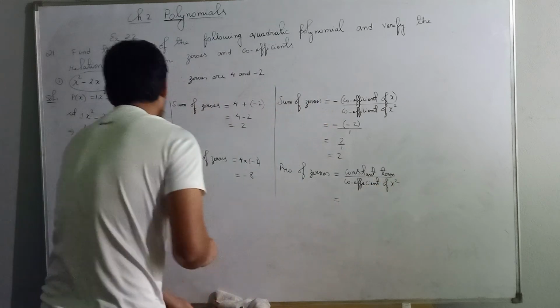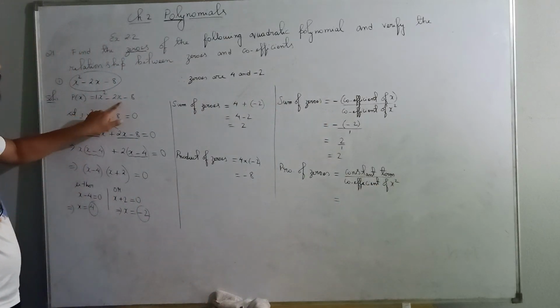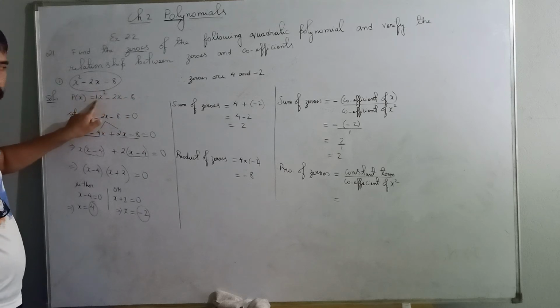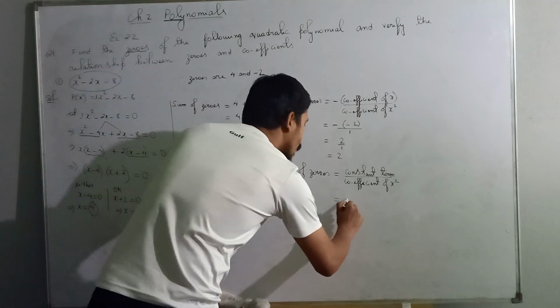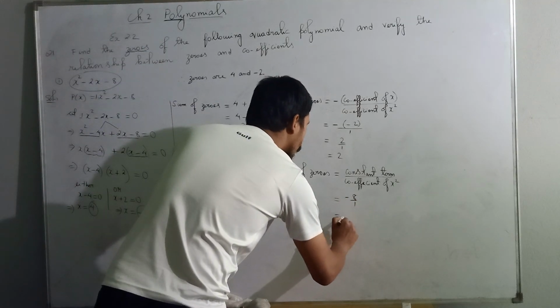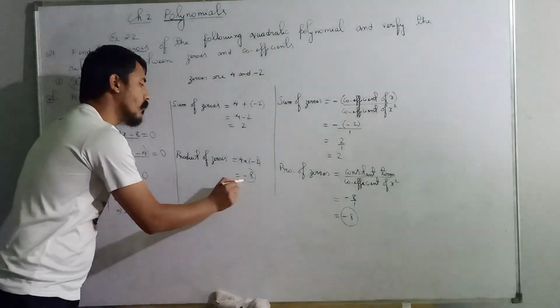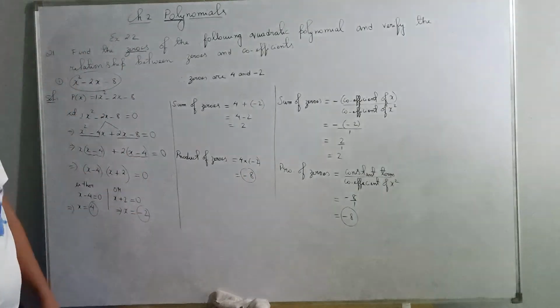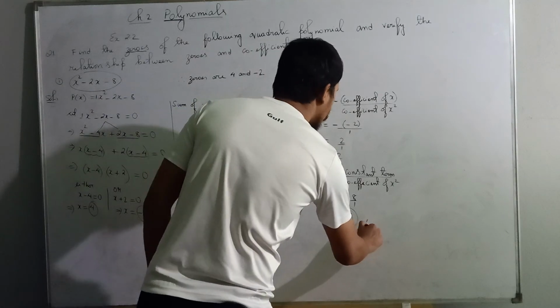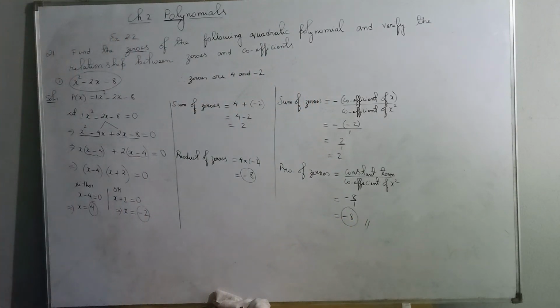As we look at the polynomial, your constant term is -8 and the coefficient of x squared is 1. So -8 upon 1, which is equal to -8. So the product of the zeros obtained here and the product of the zeros obtained here are equal, hence your solution has been verified.